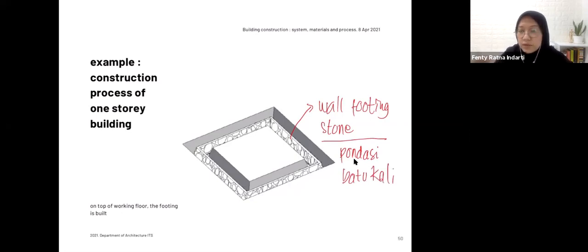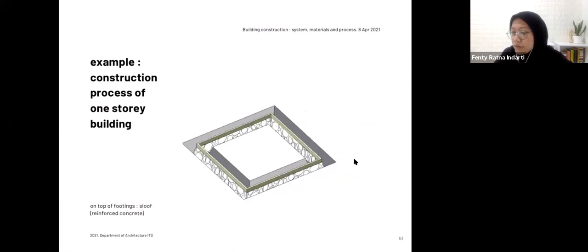So you build it, and then next on top of the footings, you have what is called the sloop. This is the sloop, the green one. Well, sloop is actually like a beam, but it's on top of the foundation and below the wall itself.